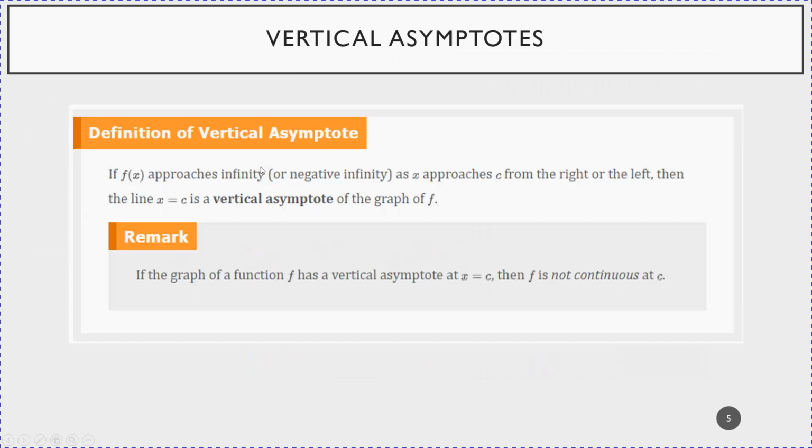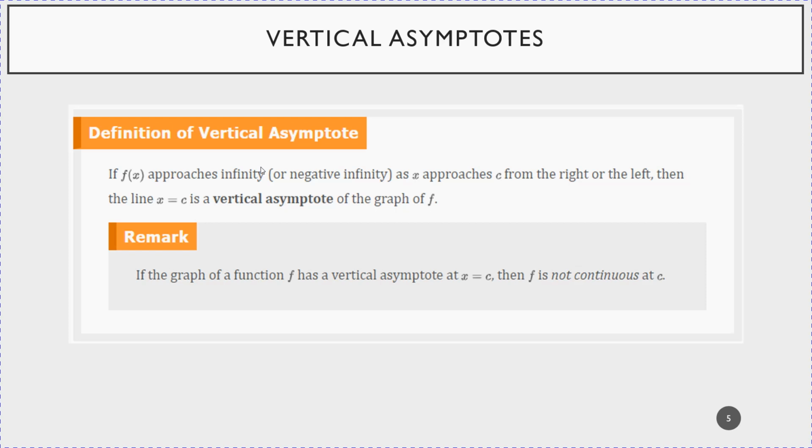All right, so a formal definition of a vertical asymptote, we've been talking about them a lot. So if f of x approaches infinity or negative infinity as x approaches c from the right or left, you're going to see in a little bit that we can have only one-sided limits increase or decrease without bound, and you only need one side to go up against it, okay? And you're going to have a vertical asymptote.